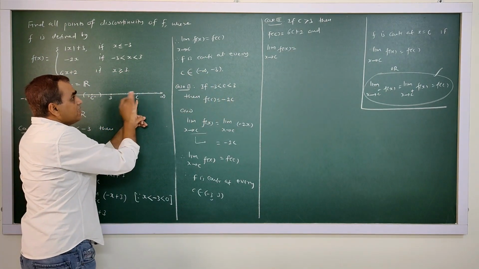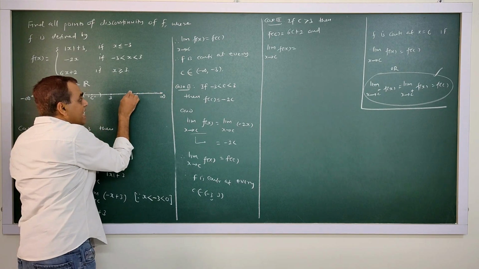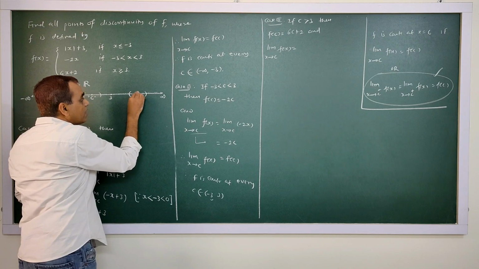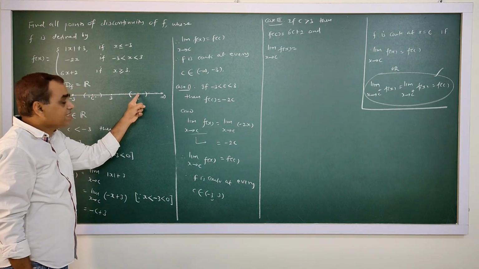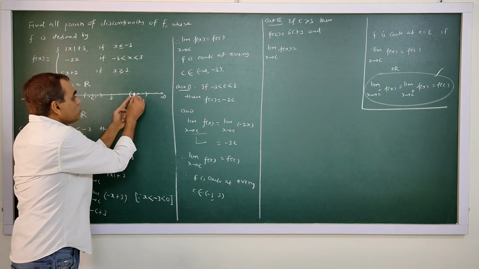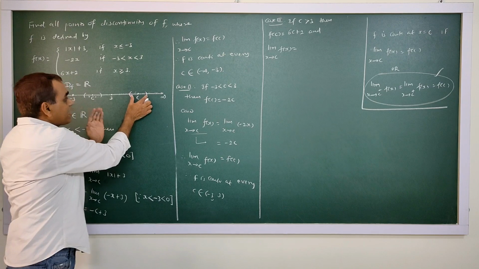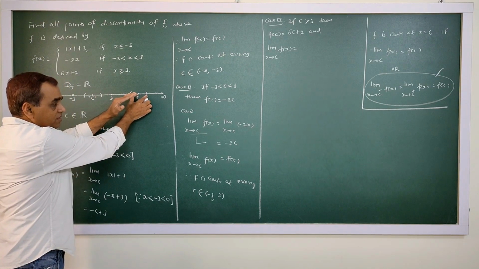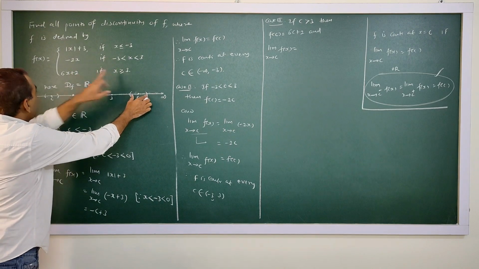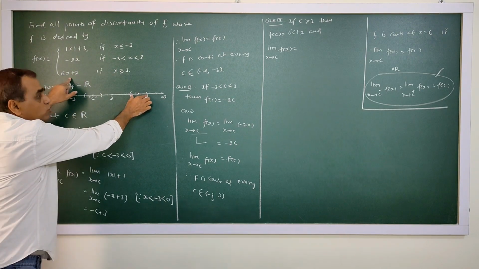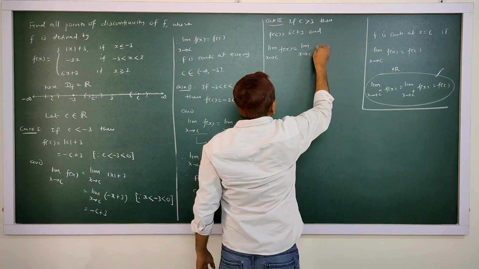c is in this interval. Now x tends to c, that means x lies in this interval. Imagine a smallest interval containing c as center. So x tends to c from either side. So all these values of x will be more than 3. So f(x) is 6x plus 2.